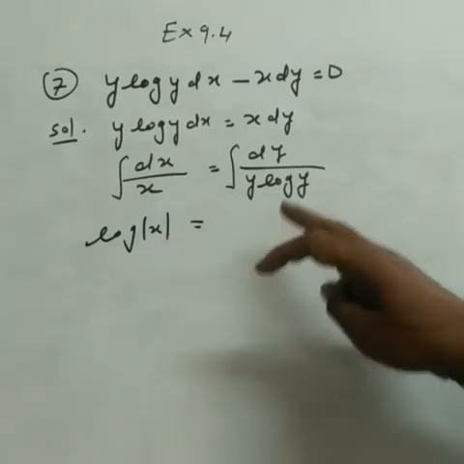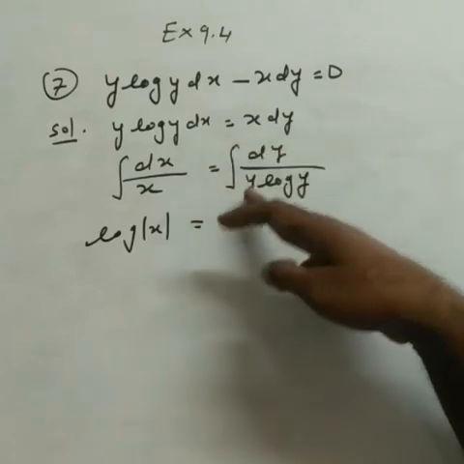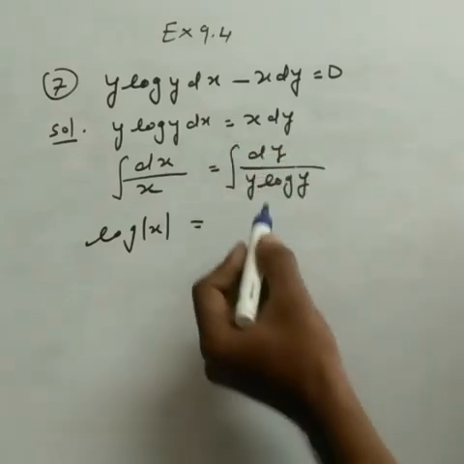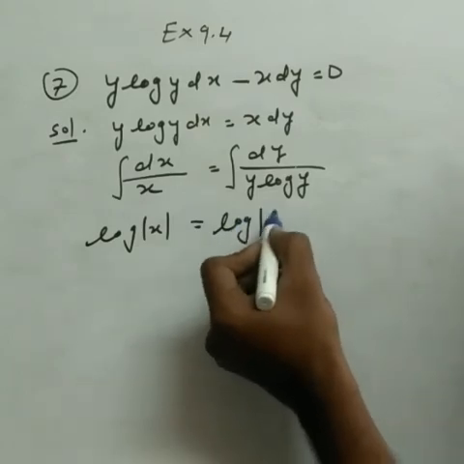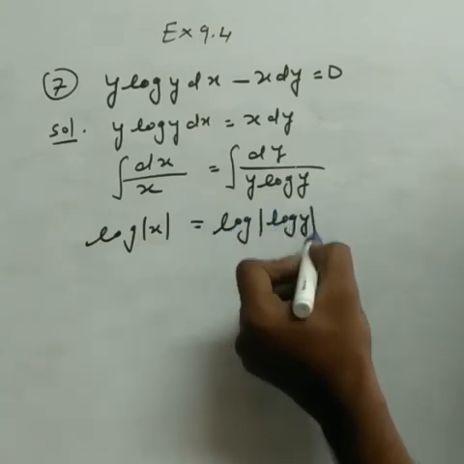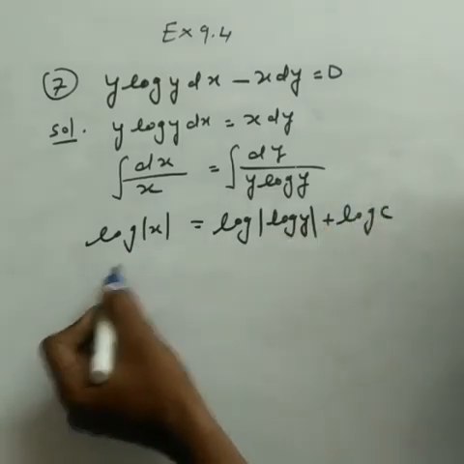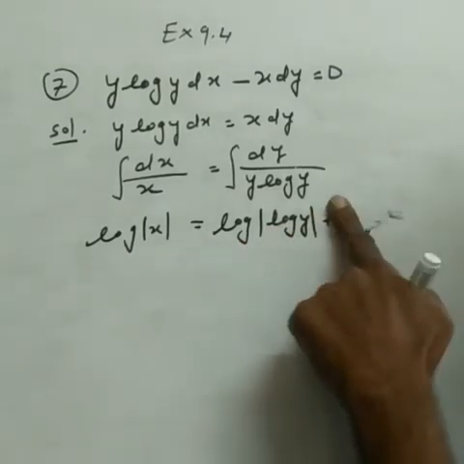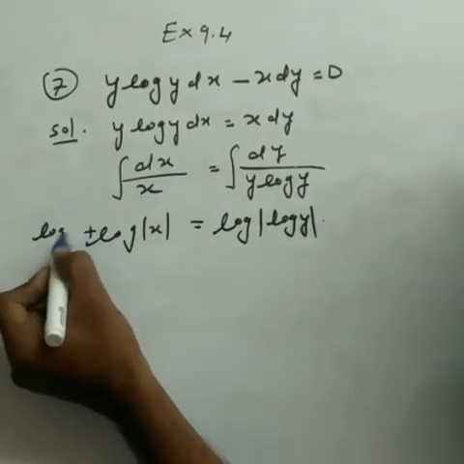Here we'll take log y equal to t. If we take log y equal to t, 1 upon y dy becomes dt. So dt upon t is log t, log of log y, and plus log of c. I am writing this constant on the left side with log x, log of c.